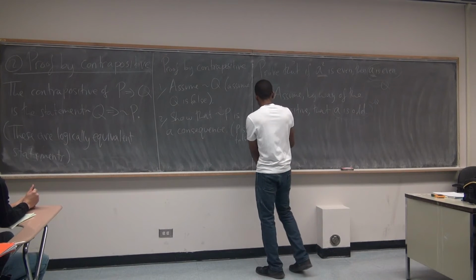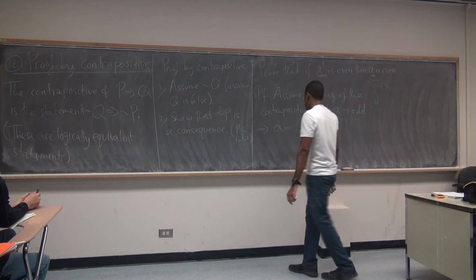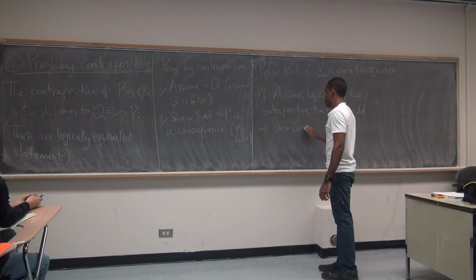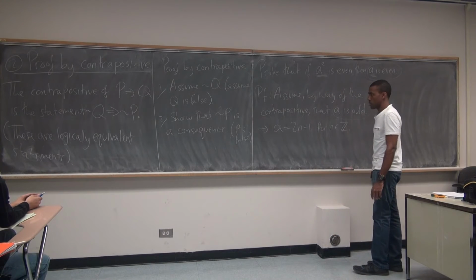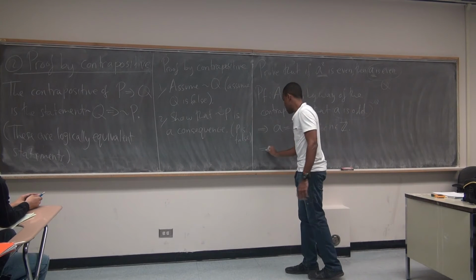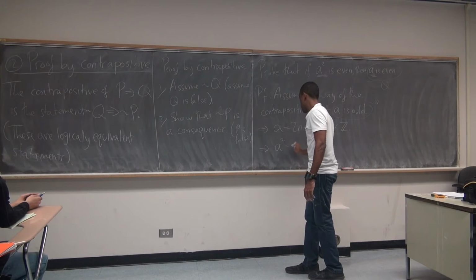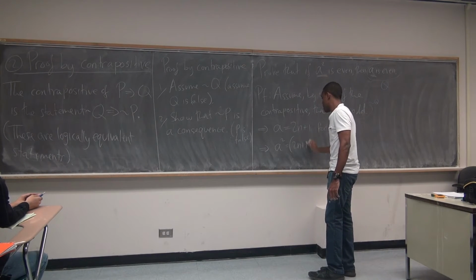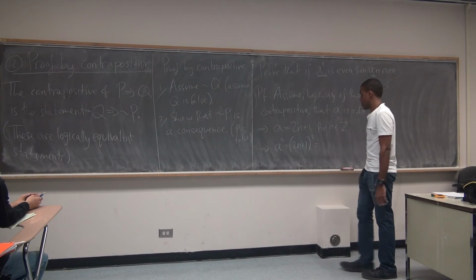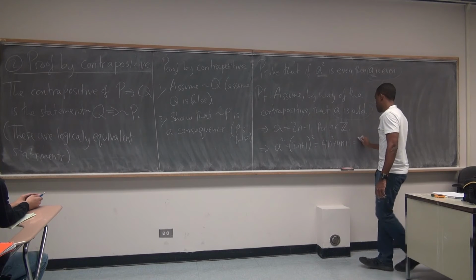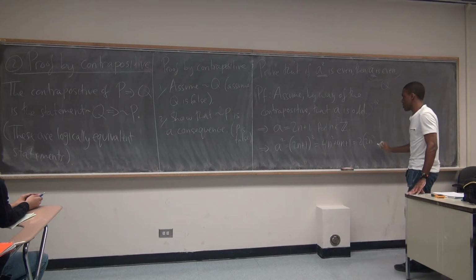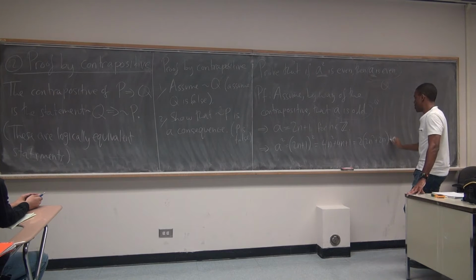So this means that my A is, what does odd mean? Well, it's 2n plus 1 for some integer n. Then if I square it, it's the same as squaring this, which gives me 4n squared plus 4n plus 1, which is actually 2 times (2n squared plus 2n) plus 1.